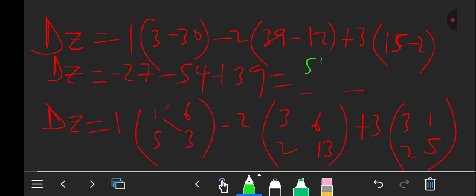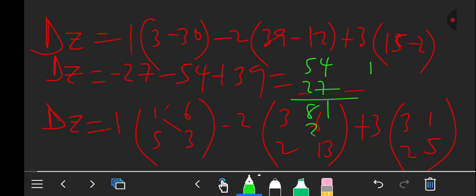So we have 54 plus 27, that will give us what? That will be 11, 1, carry 1, 7, 8, 1. So that will be negative 81.